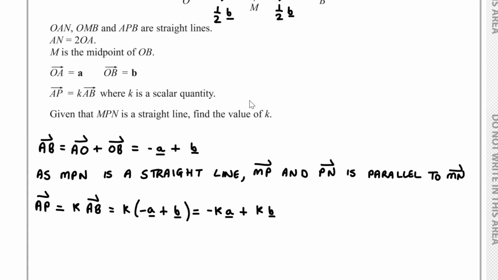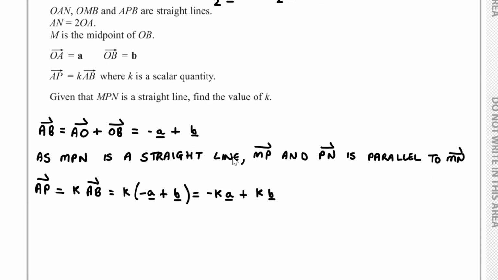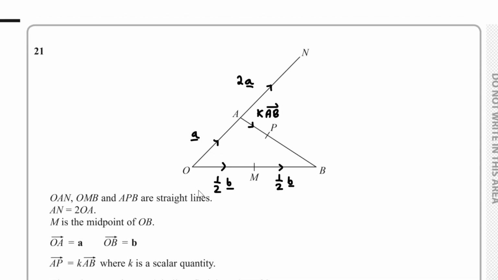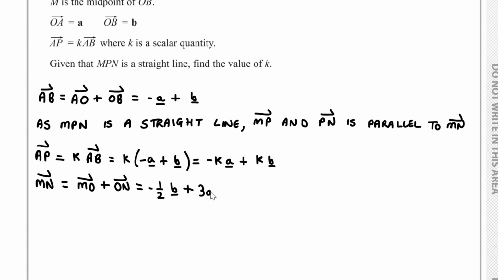If we work out what MN is, starting at M, finishing at N, well let's just write out the full thing. We've got MN, which is equal to MO plus ON. So MO, that's minus a half b. And then ON is 3a because we've got a plus 2a. So that gives us 3a.